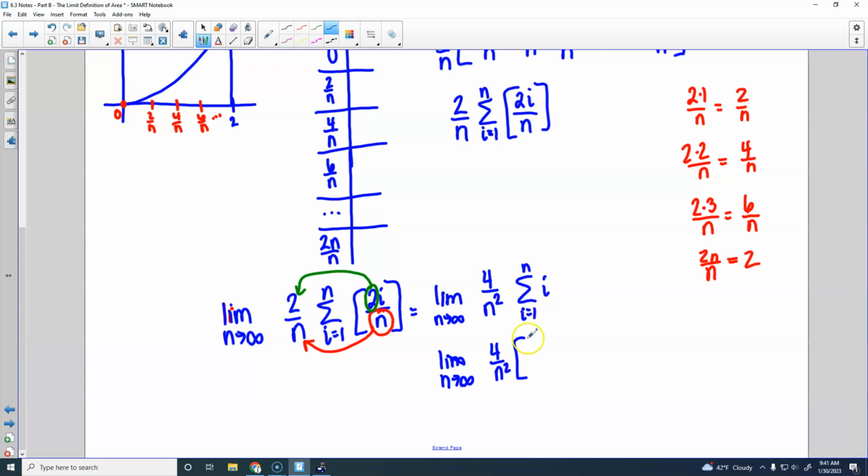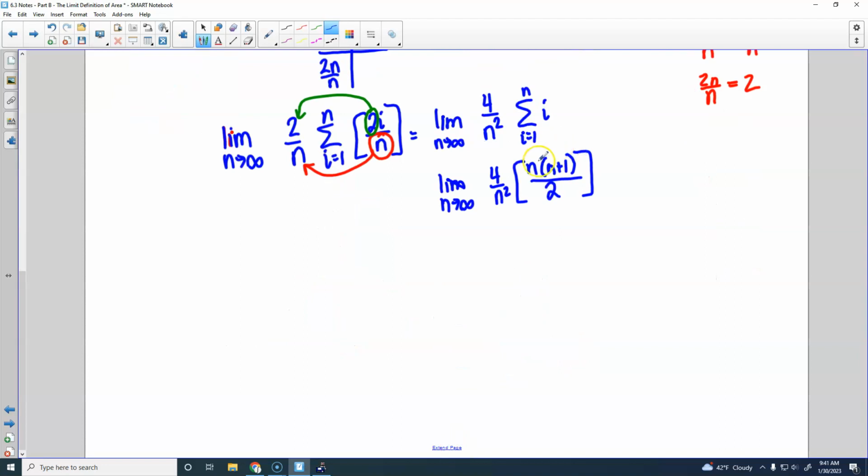For I, it is n times n plus 1 over 2. Which I can distribute here. So I have limit as n approaches infinity of 4 over n squared times n squared plus n over 2.